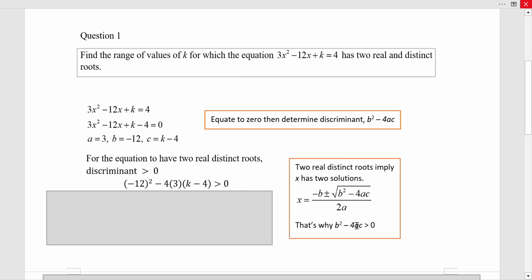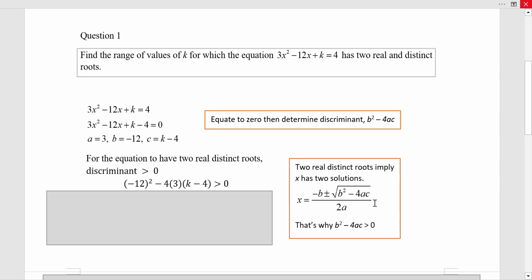The reason why two real distinct roots imply that x has two solutions is because this part, b squared minus 4ac, is the discriminant and it is greater than 0. If it's greater than 0, you can get two values here when you square root it with the plus minus.